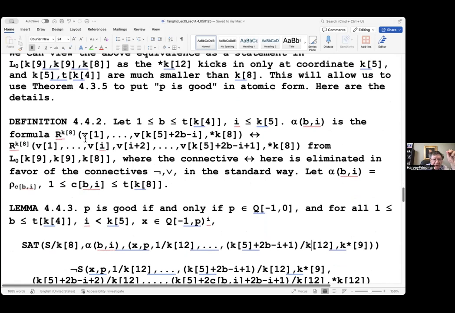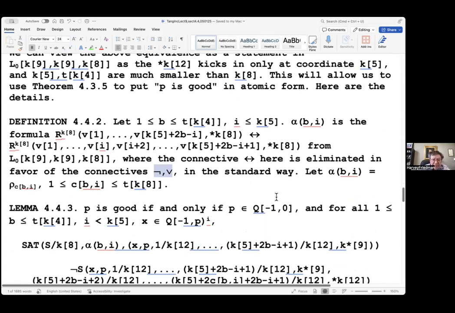So these formulas we translated into the third language look like this thing if and only if this thing, right? And the connective if and only if, of course, is eliminated. I use only these two connectives, officially only these two connectives.